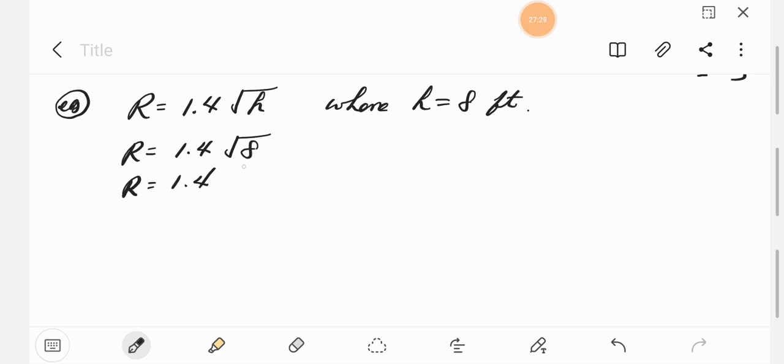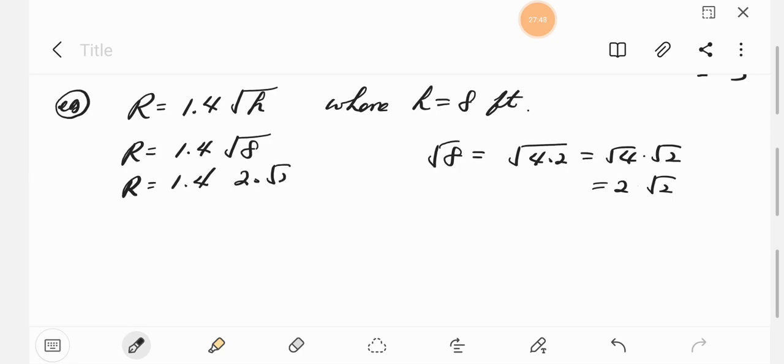So, what is the square root of 8? When you simplify this, 8 is 4 times 2, right? Then this is square root of 4 times square root of 2, so 2 times square root of 2. So r is equal to 2.8 square root of 2.